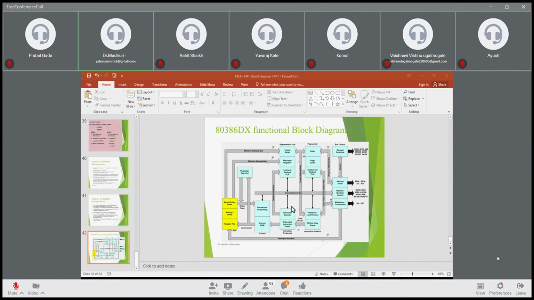Let me know guys. Have you understood the function of each and every register?